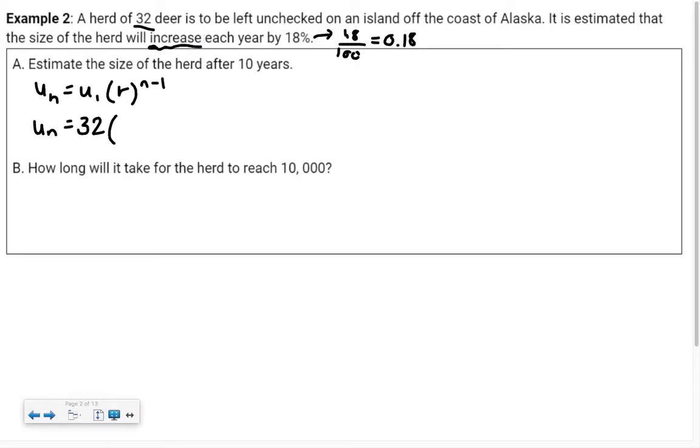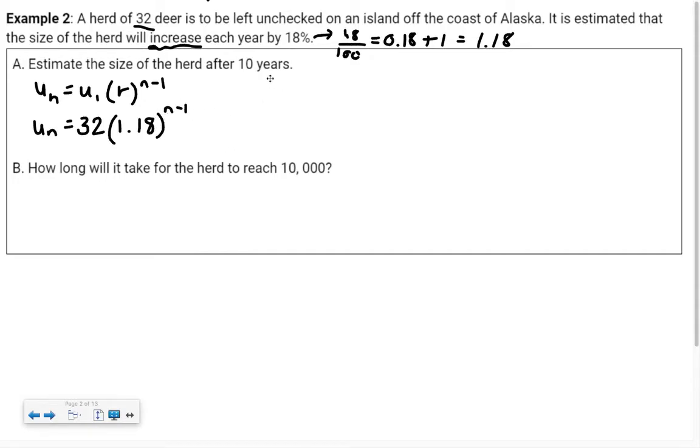So what I need to remember here is to add 1 to this number, which will give me 1.18. And what that does is ensure that we take into account the fact that we're going to have 100% of our original population and then another 18% on top of that. So when we have exponential increase, our r value here is always going to be greater than 1. So all of that to the power of n minus 1.